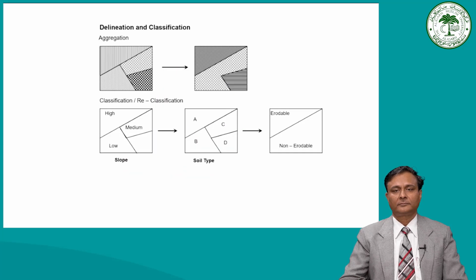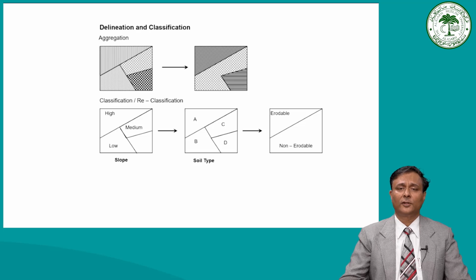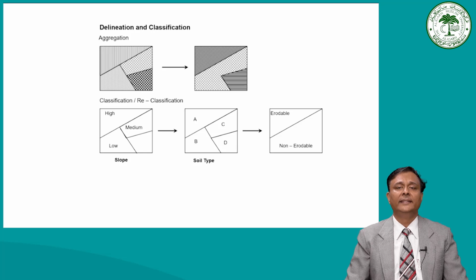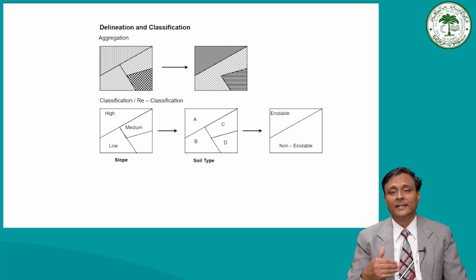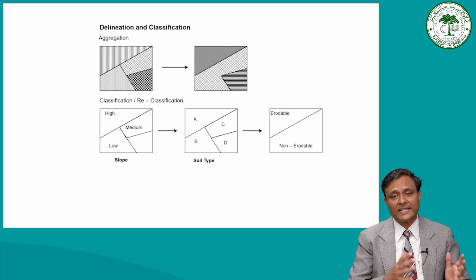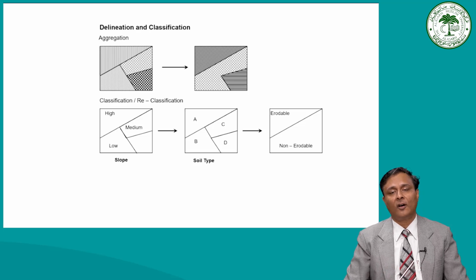Moving ahead, you see, this was one slide which I showed you earlier during the spatial analysis. Here, spatial aggregation was highlighted, where I said that it is about adding some information, or classification or reclassification of certain classes which are represented in any map.